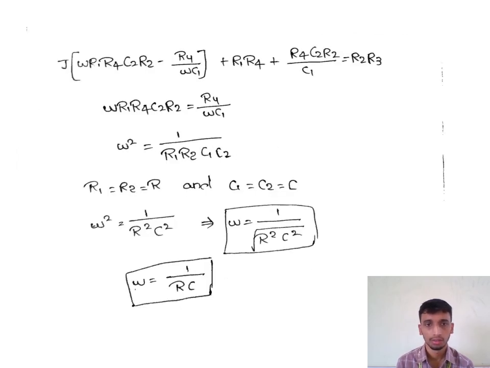That is, j into (omega R1 R4 C2 R2 minus R4 by omega C1) plus R1 R4 plus R4 C2 R2 divided by C1 is equal to R2 R3.